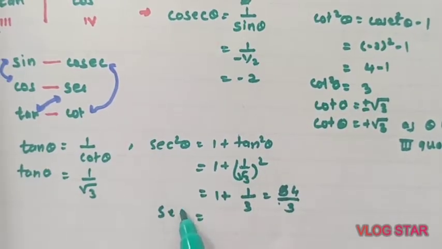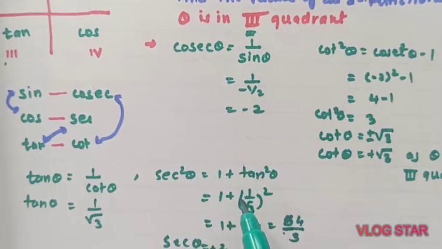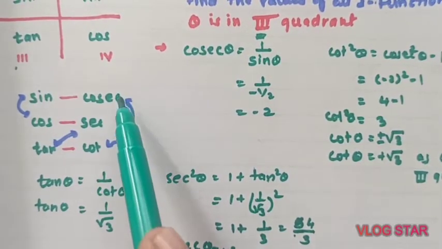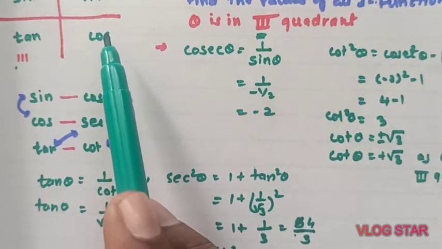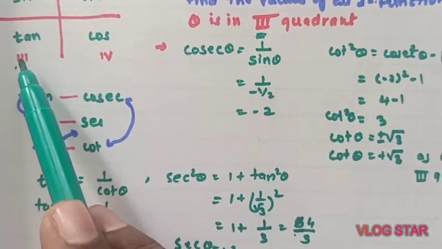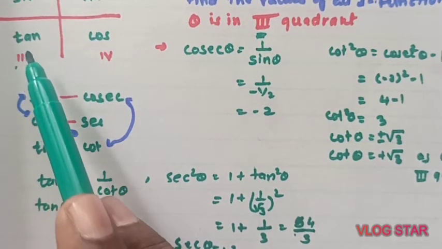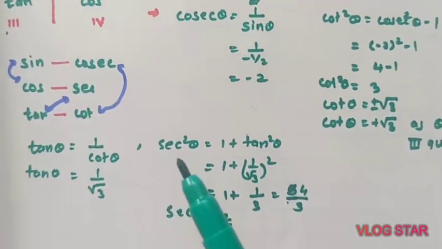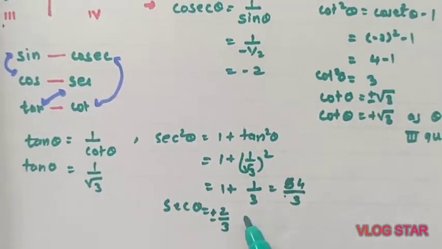Then sec theta is, taking square root on both sides, it is 2 upon root 3, but plus or minus again. Choose sec lies in which quadrant? Sec is a reciprocal of cos, so cos is positive in fourth, but we are talking about third, means cos as well as sec is negative in third, so we will choose the negative value of this.